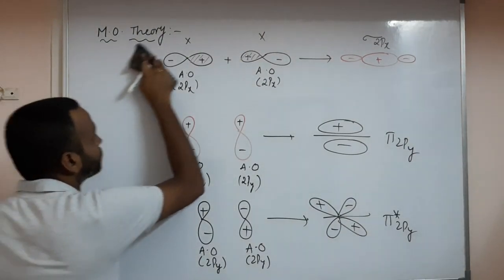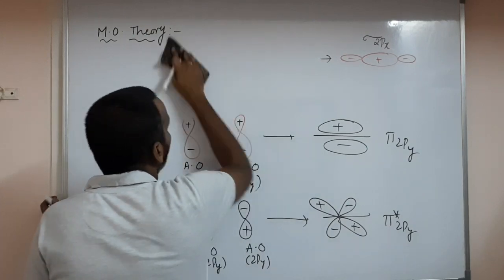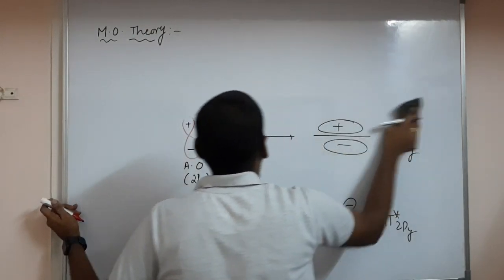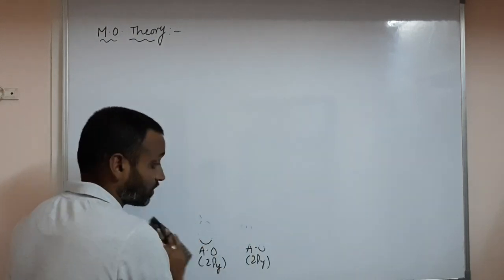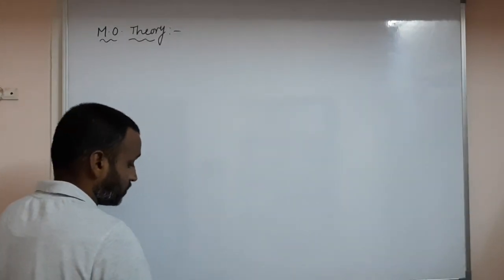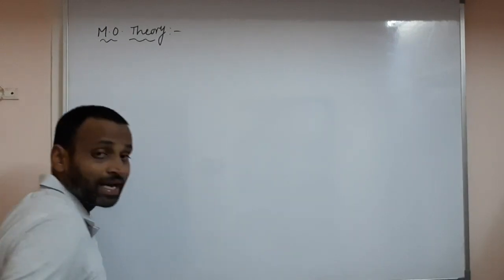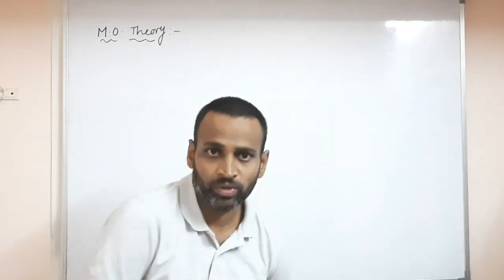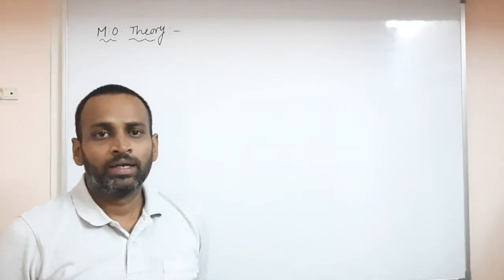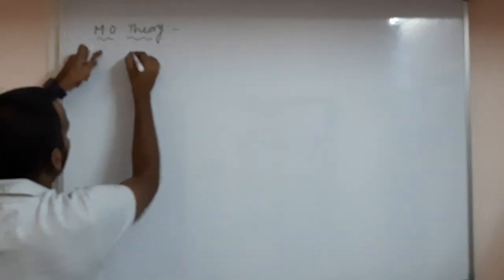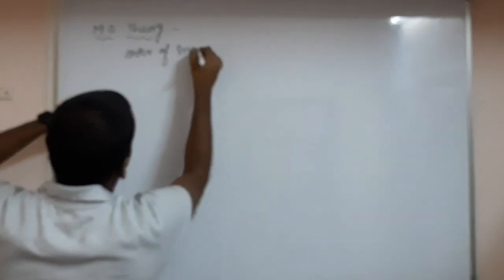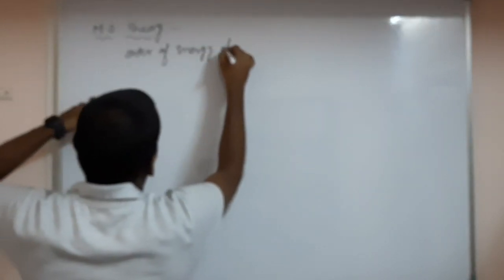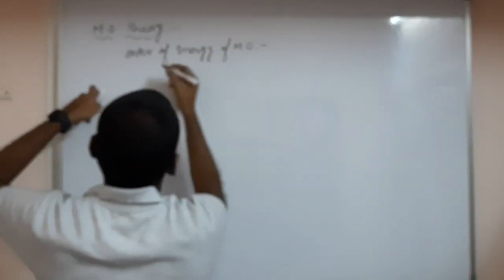Next, we have to discuss, as I said, the order of molecular orbital energies. Why do we have to learn this? Because we have to fill electrons by considering the energies of the molecular orbitals only. So now we have to learn the order of energy of molecular orbitals.